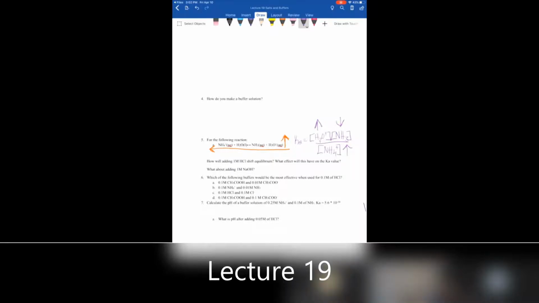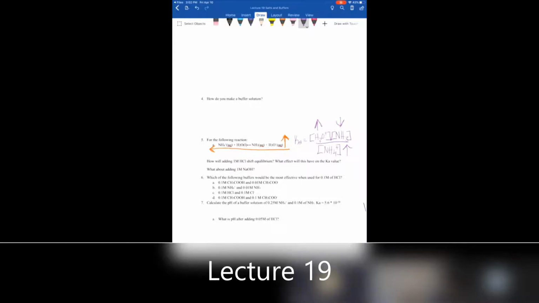And what about if I add 1 molar of NaOH? Which way will it shift equilibrium? This one's tricky. So that would increase the NH3 concentration, right? Why? Because it's the base on the reactant side.